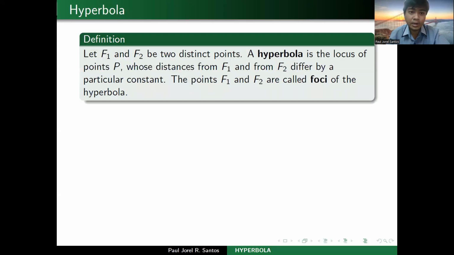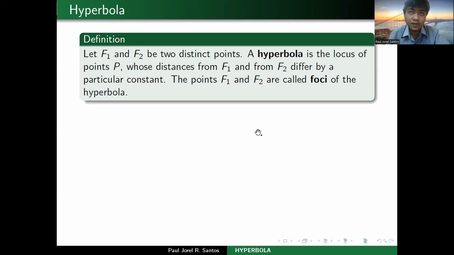So let us define a hyperbola. Say we have F sub 1 and F sub 2 be two distinct points. Distinct means different. A hyperbola is a locus of points P whose distances from F sub 1 and from F sub 2 differ by a particular constant.